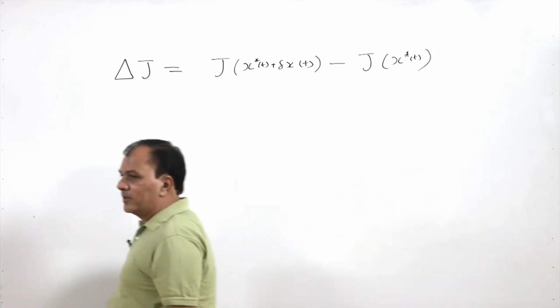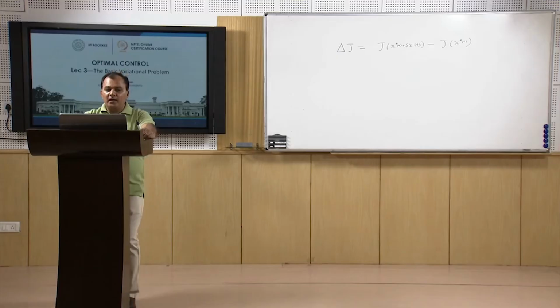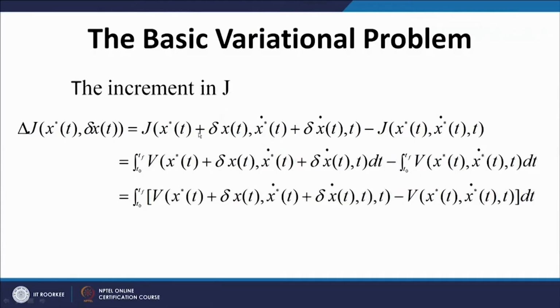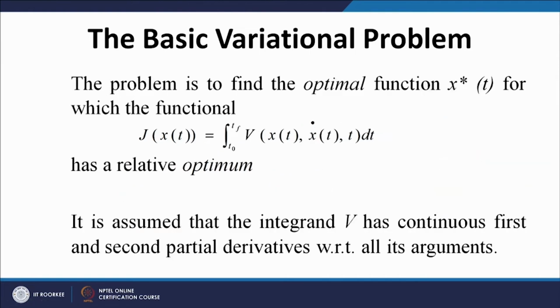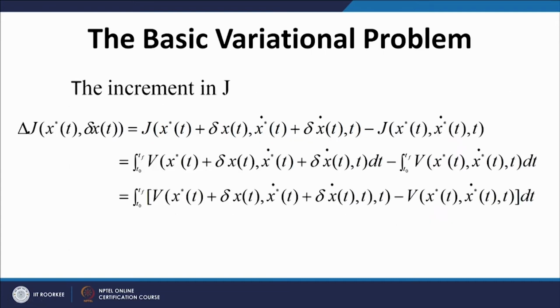This will give me the increment in J. So, J of x star(t) plus delta x(t), and as we have considered V to be a function of x, x dot and t, if I am giving a variation in x(t), there is a variation in x dot(t) also. So, that is why we are saying x(t) plus delta x(t), x dot(t) plus delta x dot(t), t, minus J of x star(t), x dot star(t) and t.